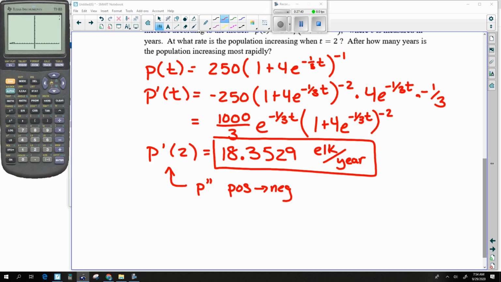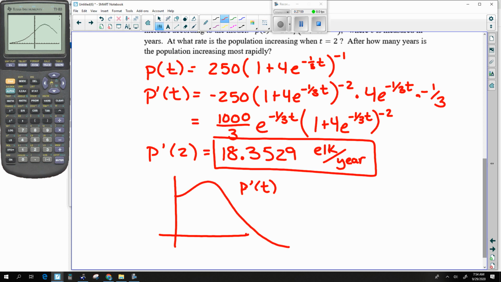This will look a lot better. So again, this is the graph of P prime. So this is the rate, and they want to know where is the maximum rate. Something like that.